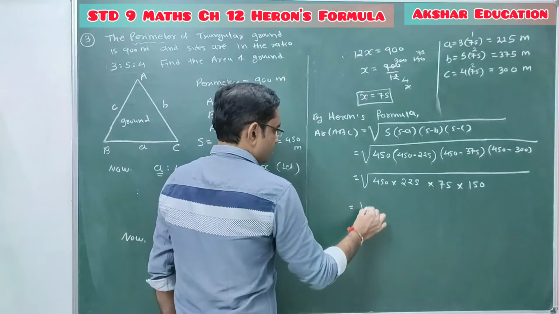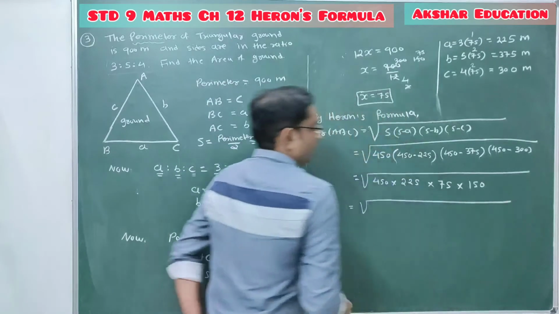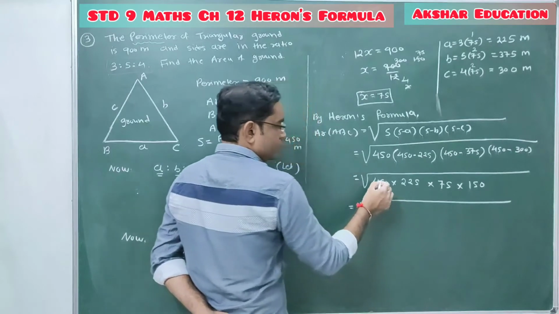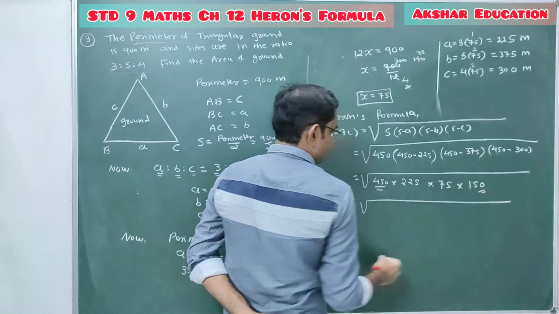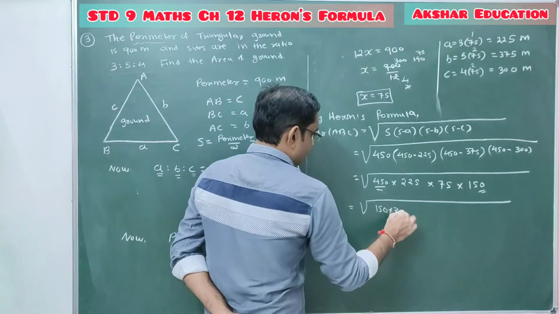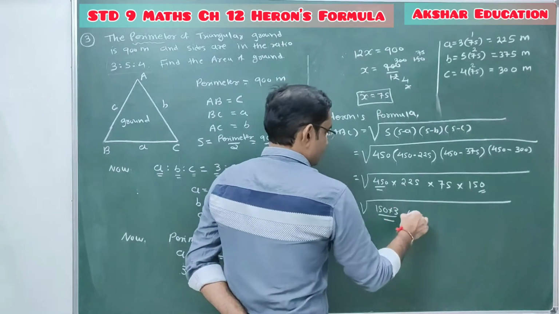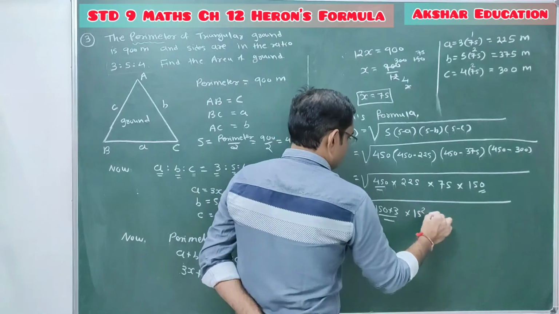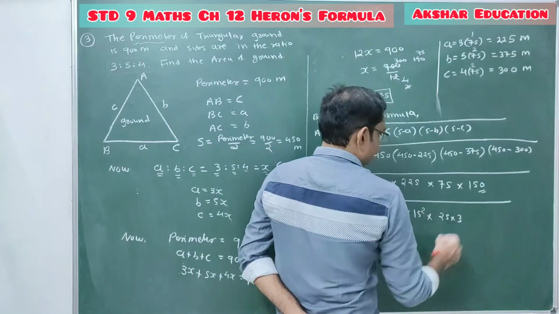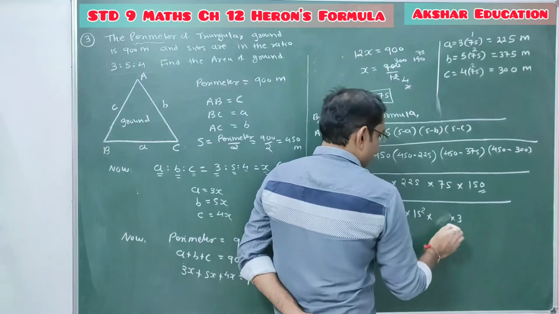Now we have to write these numbers in terms of perfect squares. So this 450 can be written as 150 into 3, because 150 is there. This 225 is nothing but 15 square. 75 is nothing but 25 into 3, and this 25 is nothing but 5 square.